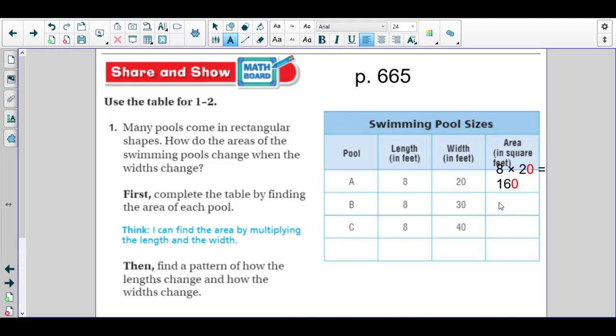If we go 8 times 3, that's 24. 8 times 30 is going to be 240. All right, 8 times 4 is 32. 8 times 40 is 32 with a 0 at the end. Okay, so we've completed the chart.